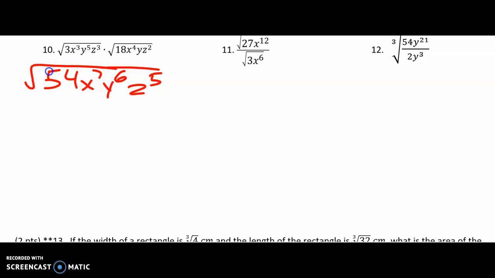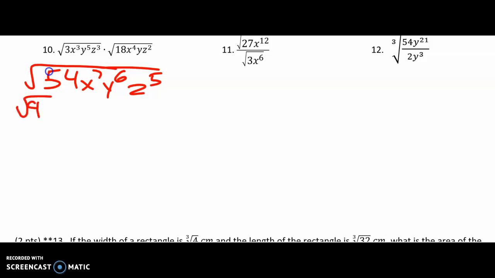Let's try it. 54 divided by 16, nope, that doesn't work. 54 divided by 4, that doesn't work. Oh, 9. So 9 works on that.